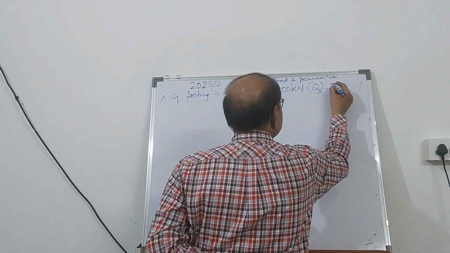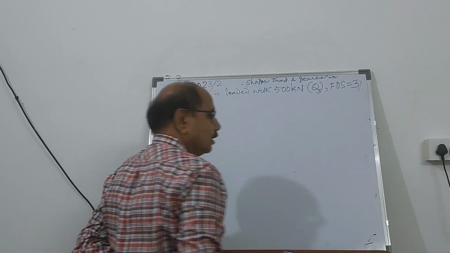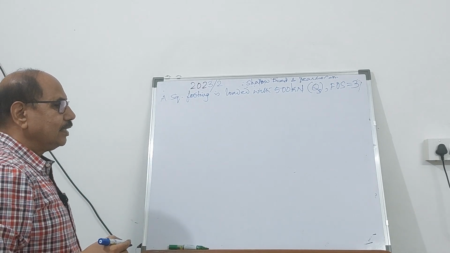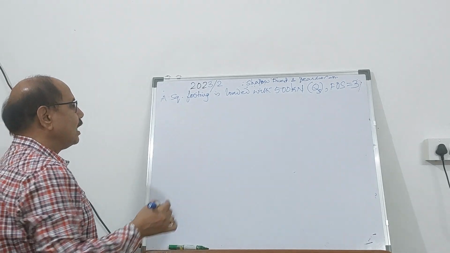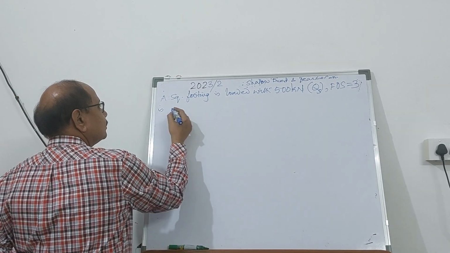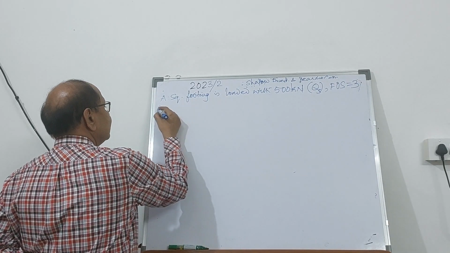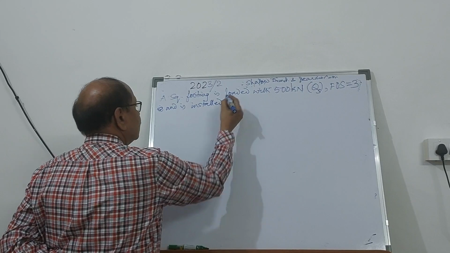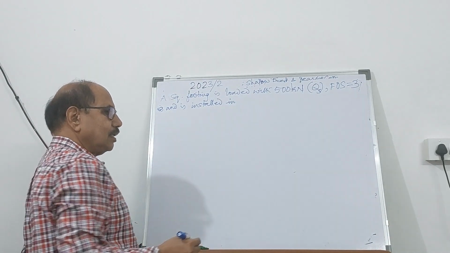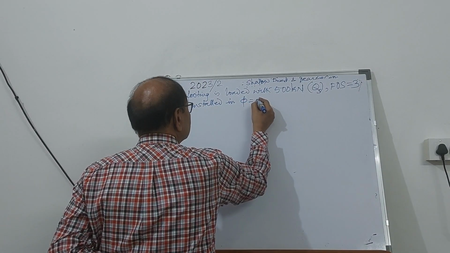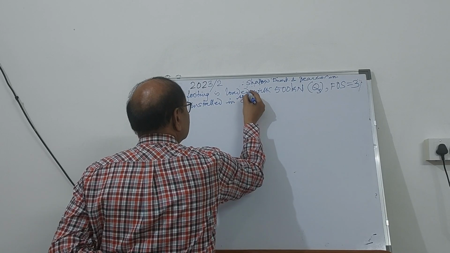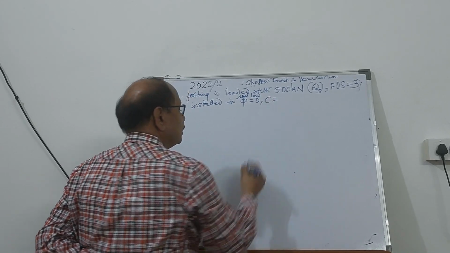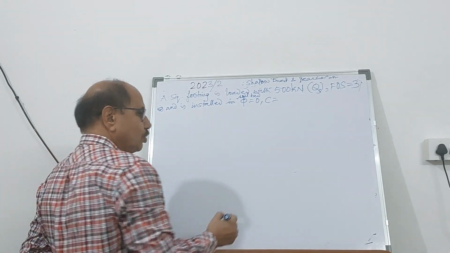The factor of safety is also given, and it is installed in the soil mass having phi equal to 0, and C is given to you as 25 kilopascal.